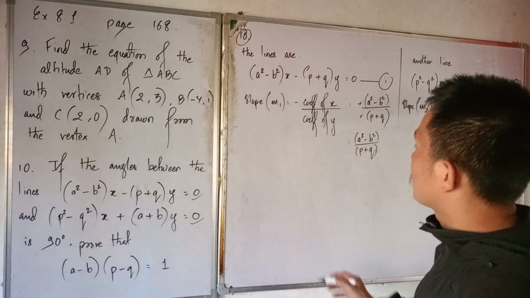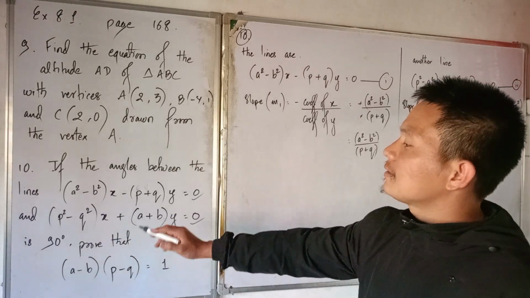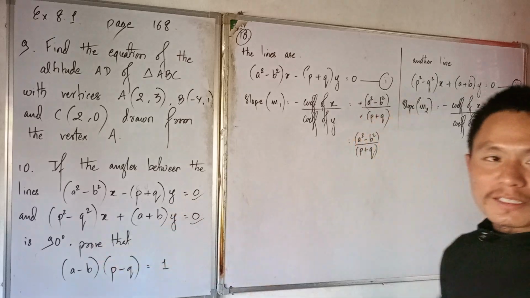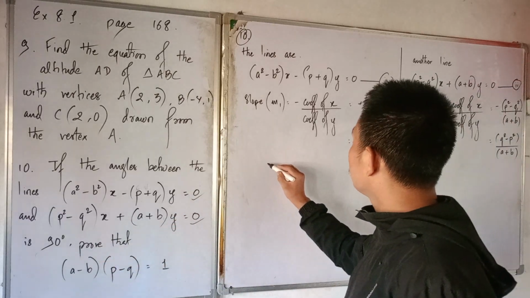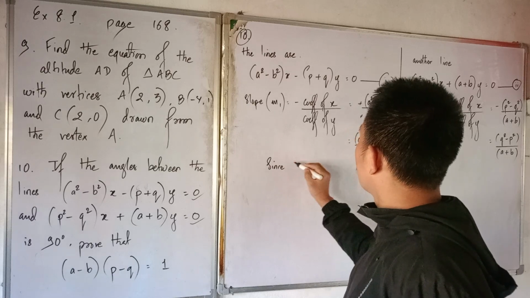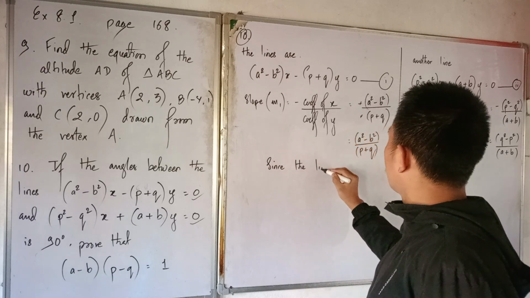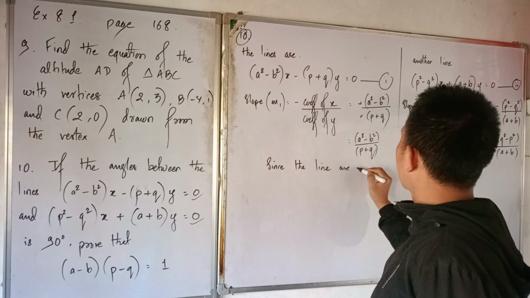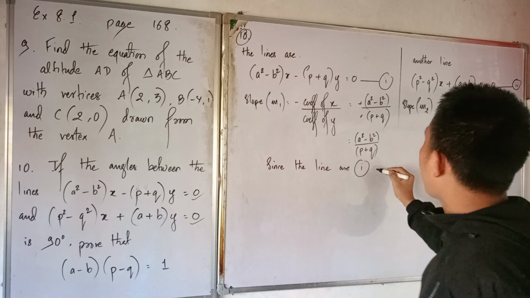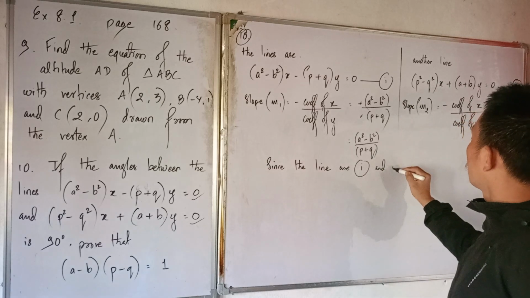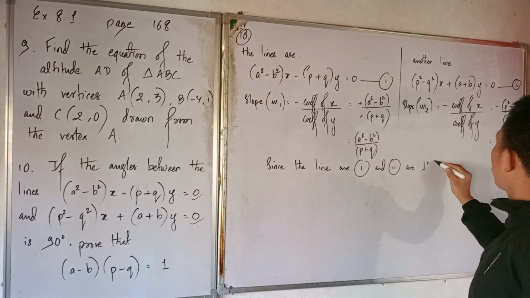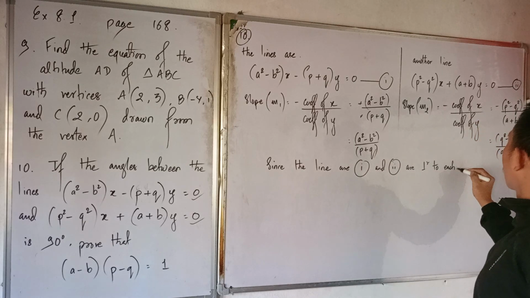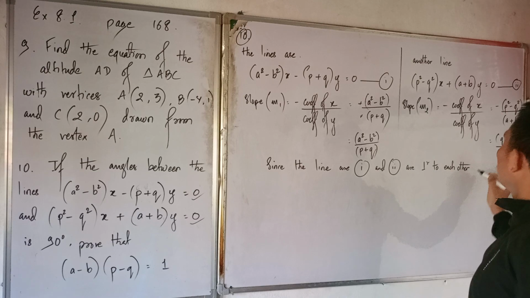Now, since the angle between the lines is 90 degrees, which means line I and line II are perpendicular to each other, 90 degrees means perpendicular.